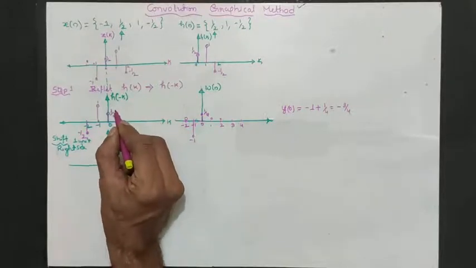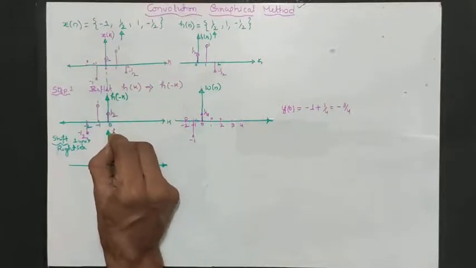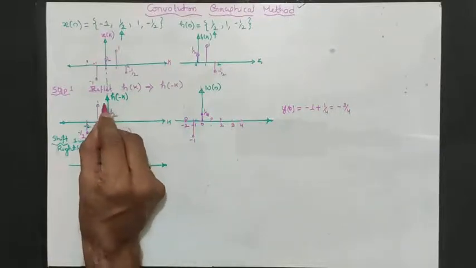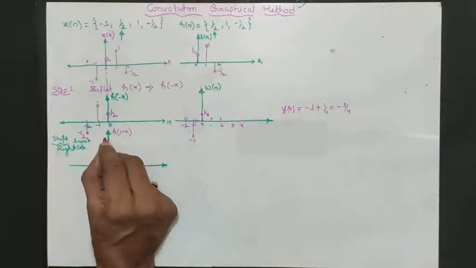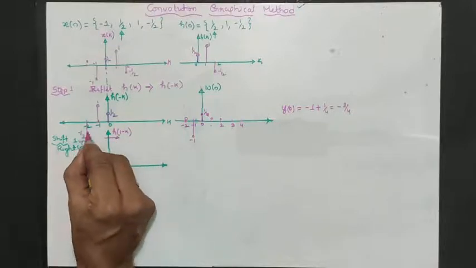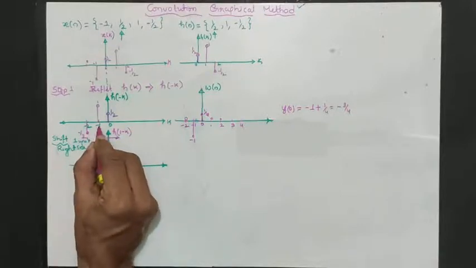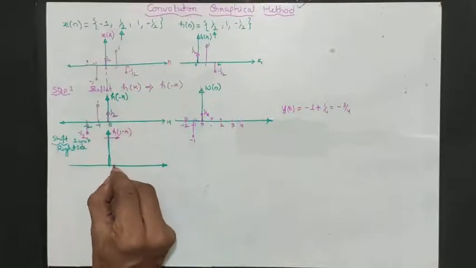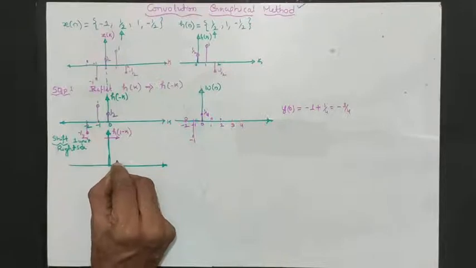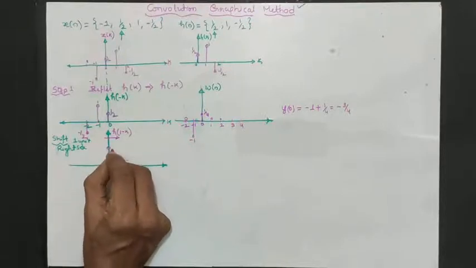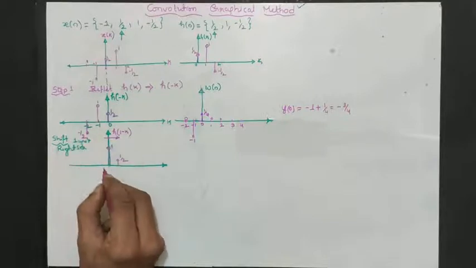The signal h of 1 minus k I will be obtaining. Shift the step 1 signal to the right side by 1 unit. That means -half comes to the -1 position, 1 goes to the 0th position, half goes to the next position. Here half comes, here 1 comes, and then -half goes to the next.